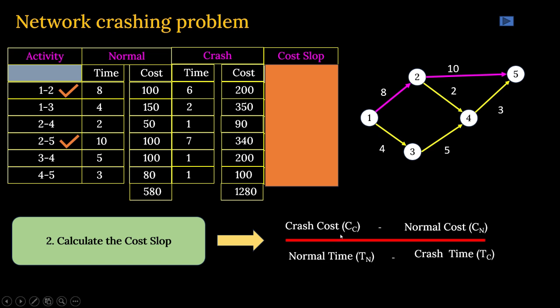So crash cost minus normal cost divided by normal time minus crash time. Let us take up the example now, how to calculate the cost.